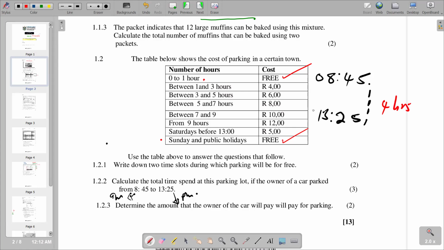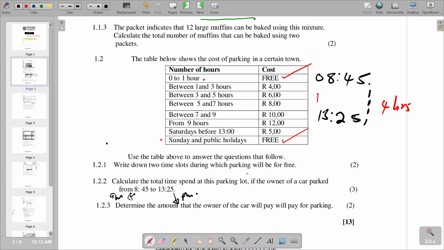Then we start to count from 12:45, which is where we ended to get our 4 hours, from 12:45 to 13:25.